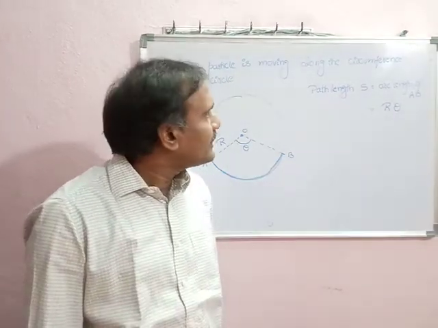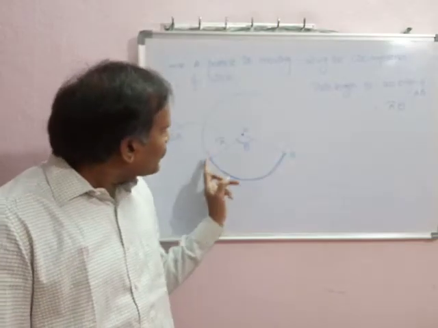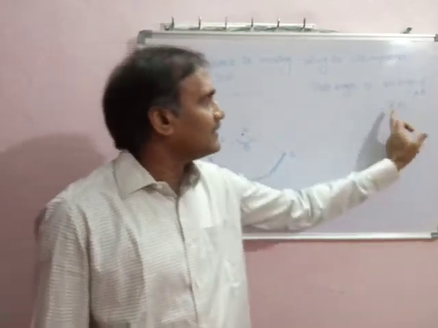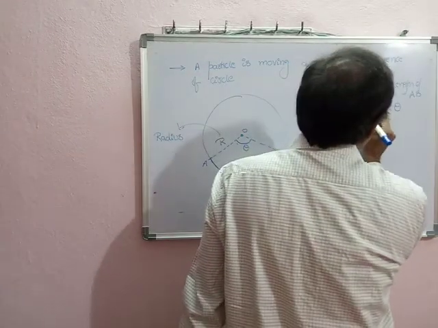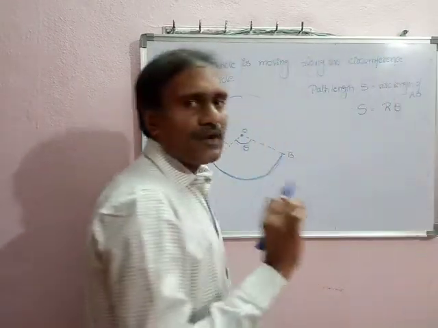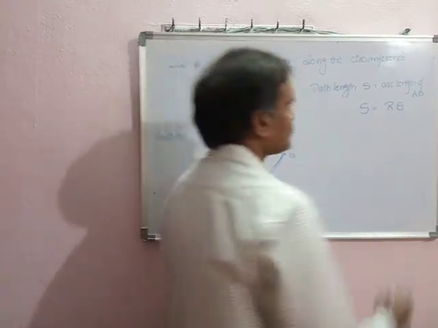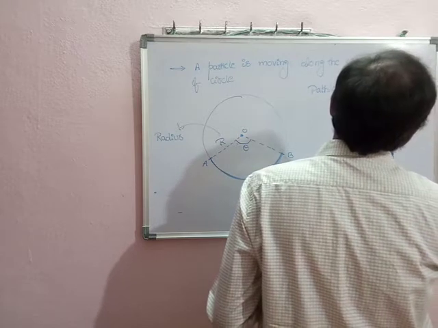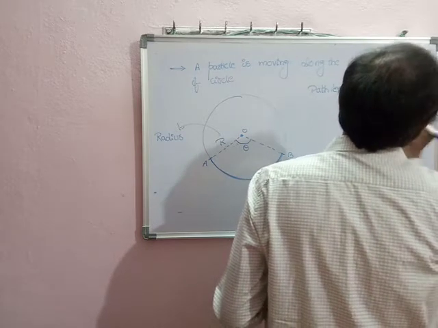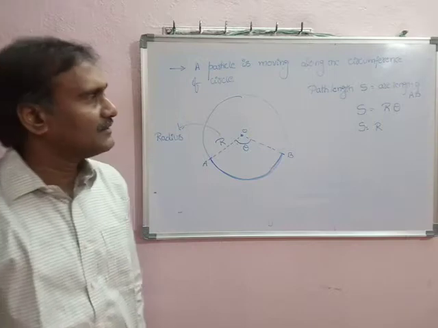In your 10th standard coordinate geometry, you know this formula: arc length is R into theta. You must substitute this theta in terms of radians. S is equal to R into theta in terms of radians.